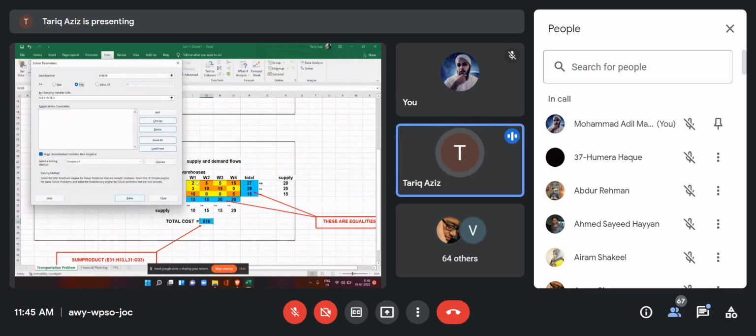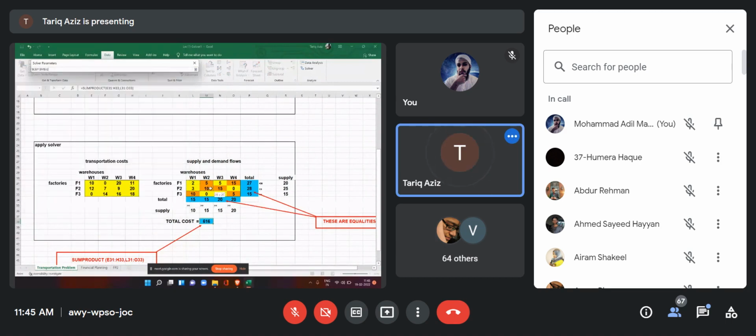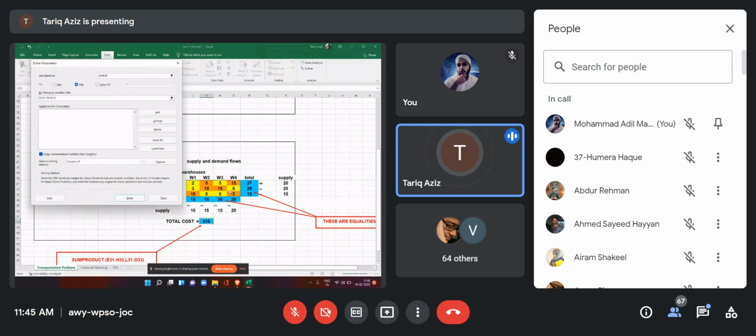That matrix has to be changed because we want to arrive at the optimum number of units transported from different factories to warehouses in such a manner that it minimizes the total cost of transportation. So we have to specify here the things that should be varied. These values should be varied.